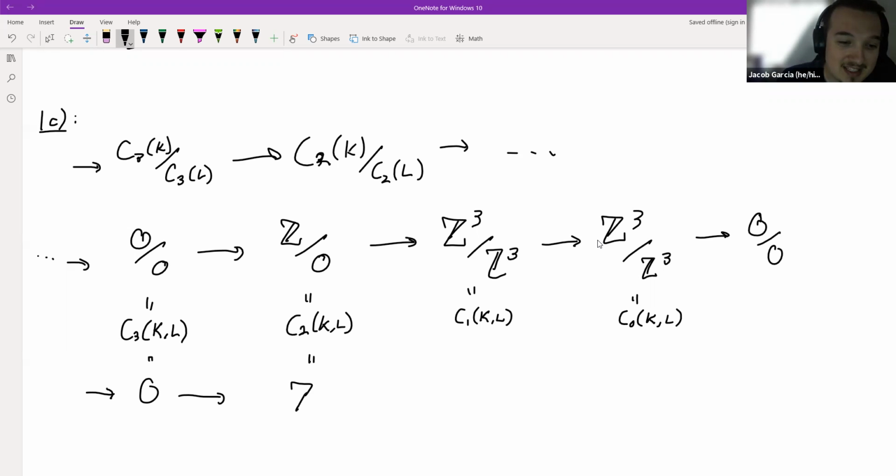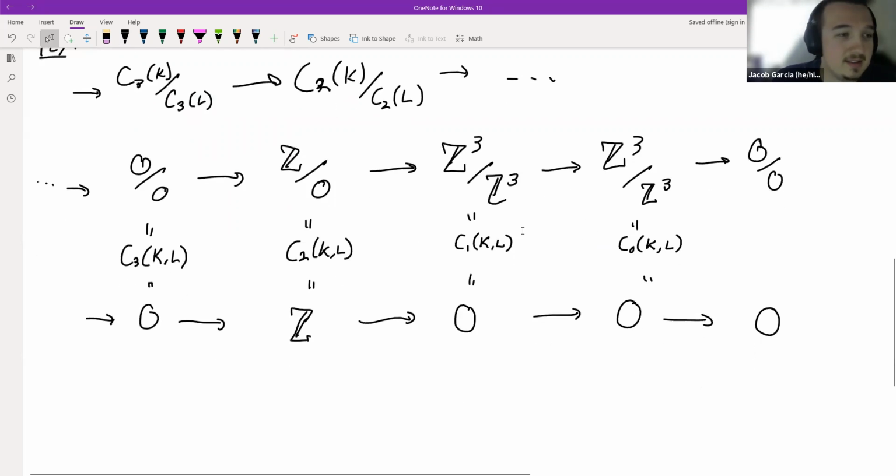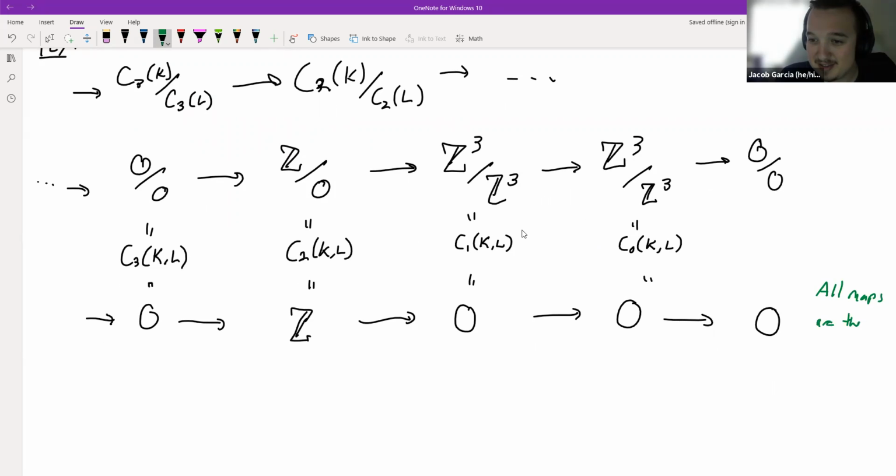So I'm taking Z, I'm modding out by nothing, so I get Z. I take Z cubed, I mod out by everything, so I get 0. Mod out by everything, I get 0. And that's also 0. All of these maps are boring. Every single map here, all maps are the 0 map.